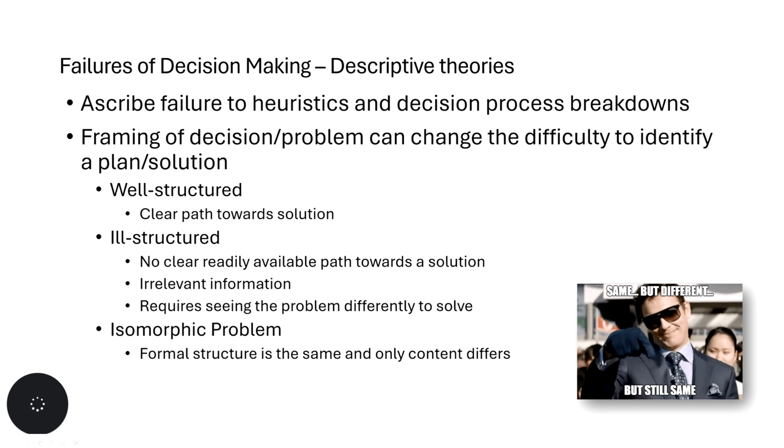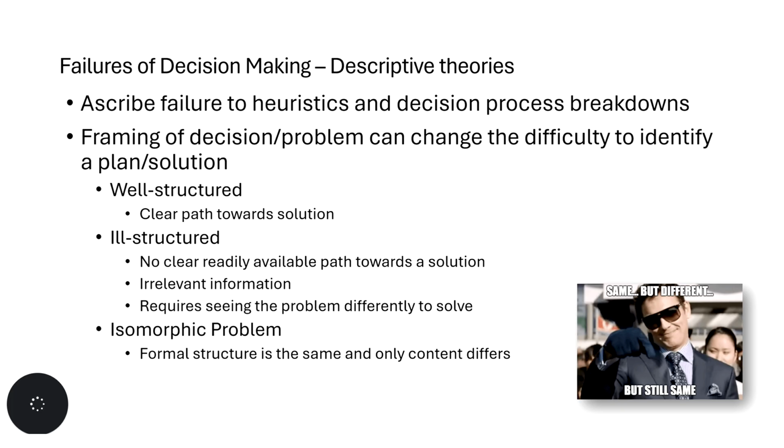So when we look at failures of decision making, what do descriptive theories say? The behavioral economist type answers. They ascribe failure to heuristics and decision process breakdowns. The framing of the decision problem can be the really difficult one that throws in their way, because they're looking at it generally from an economic perspective.